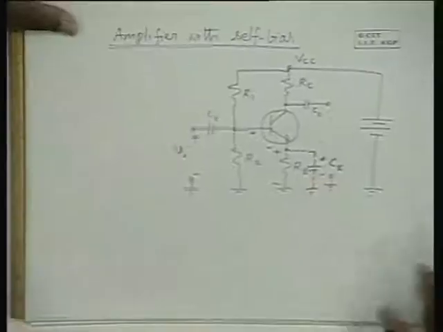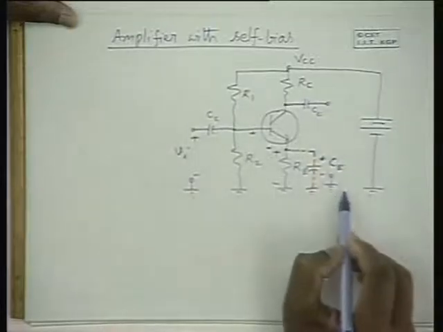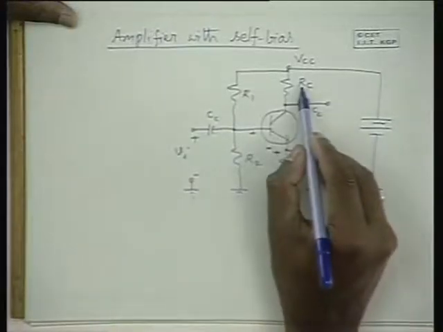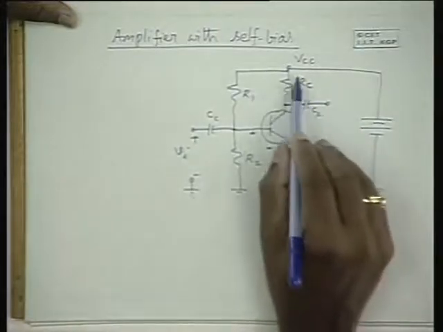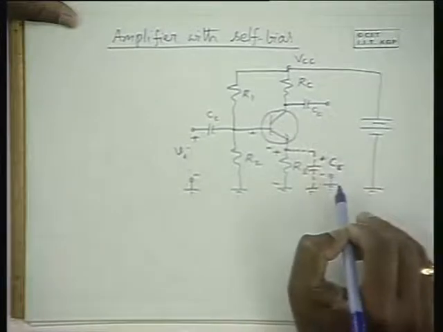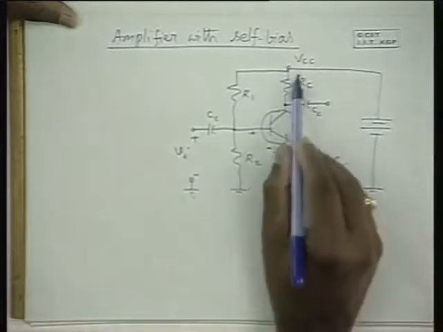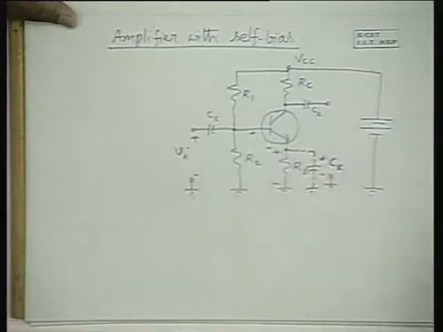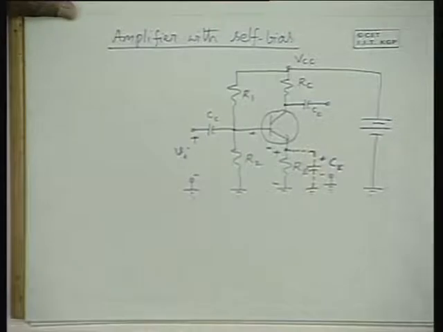in a common emitter circuit like this, if you apply 16 ohms load here, and with RC equal to say 5 kilo ohms, in the equivalent circuit, where is this load coming into picture? Load is coming in parallel with RC. How much gain do you get? RC in parallel with RL is very small, and the gain is going to be even less than 1.